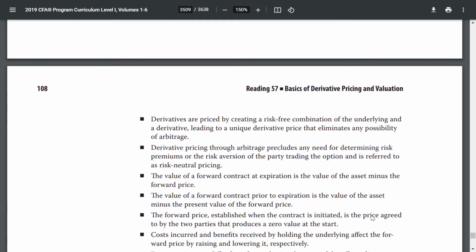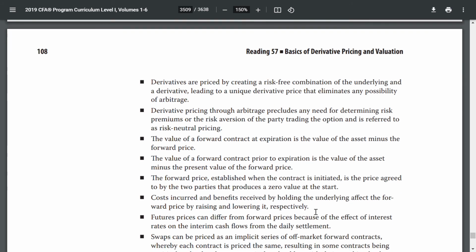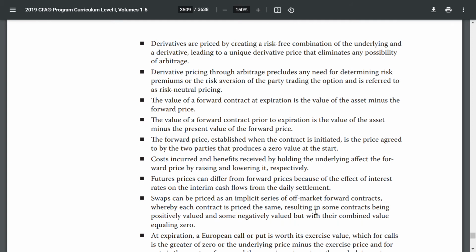Derivatives are priced by creating a risk-free combination of the underlying and a derivative, leading to a unique derivative price that eliminates any possibility of arbitrage. Derivative pricing through arbitrage precludes any need for determining risk premiums or the risk aversion of the party trading an option, and is referred to as risk neutral pricing.